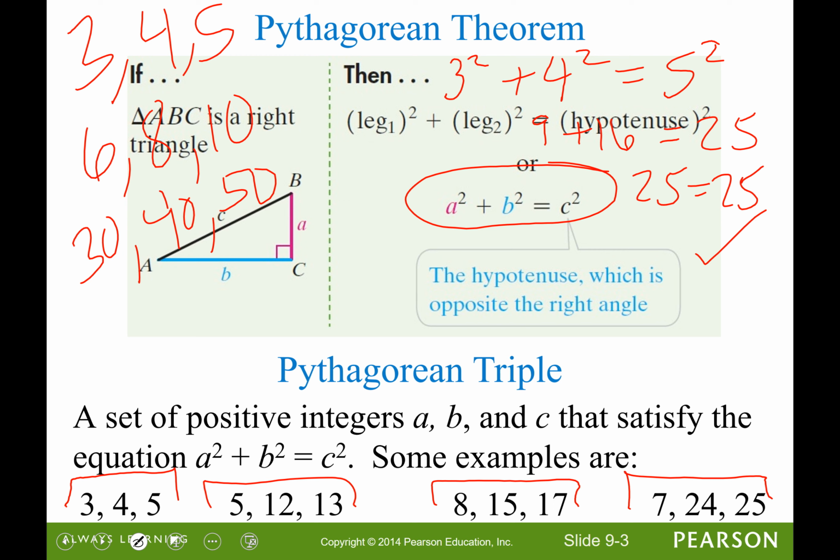So it can just save you time and save you from making any small mistakes by doing the calculations of the equation on your own. So they can be helpful in that way, the Pythagorean triples. If you don't memorize them, then you can use the formula to find any missing pieces.